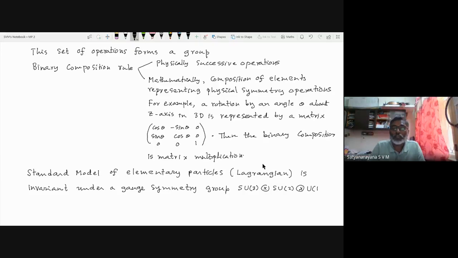If you don't understand what these are, don't worry. But I'm just telling you that there is some group which is defined by this kind of symbols.